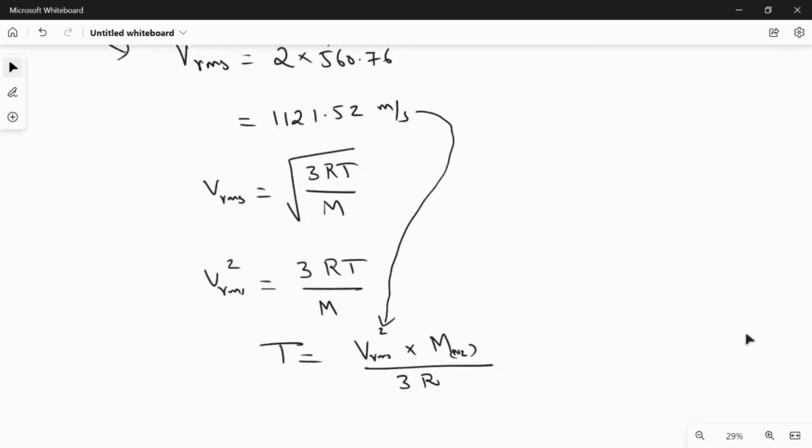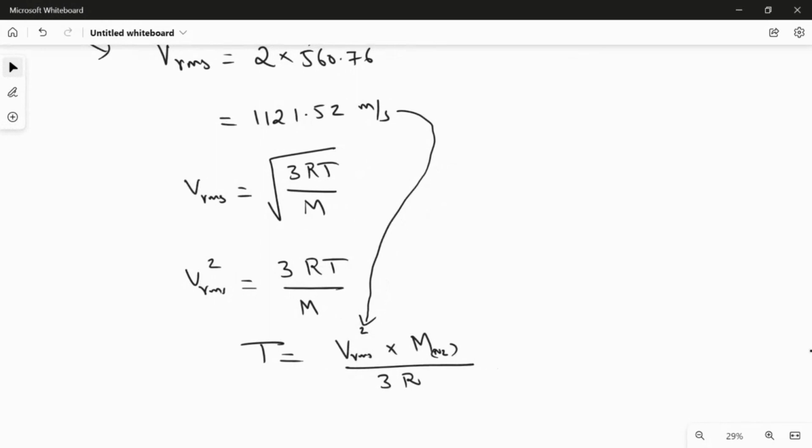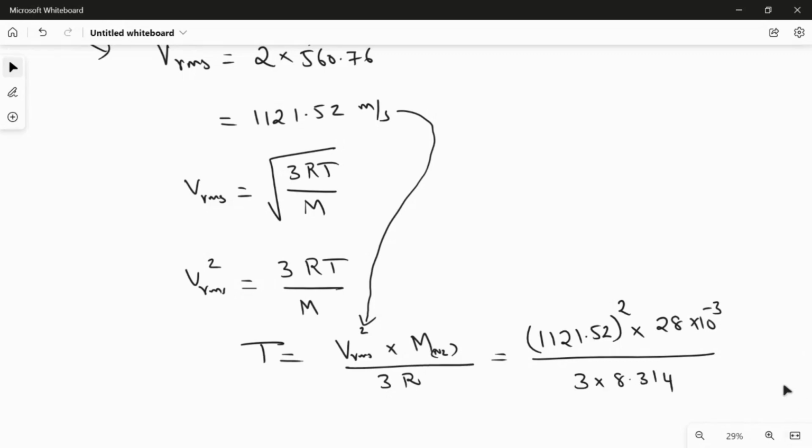So 1121.52 squared multiplied by the molar mass of nitrogen, 28 multiplied by 10 power minus 3, over 3 multiplied by 8.314.